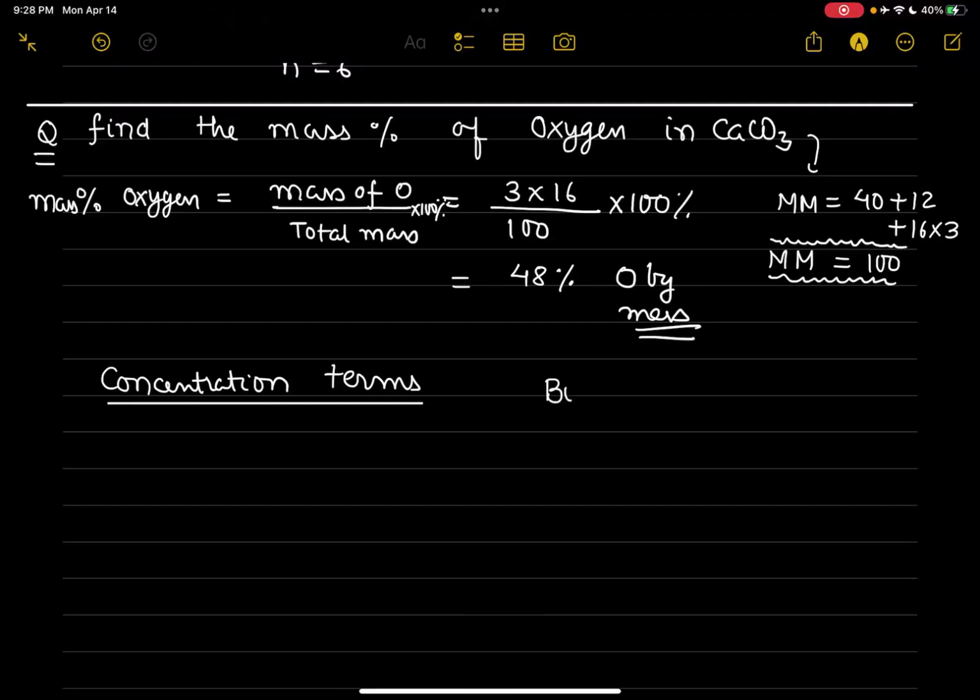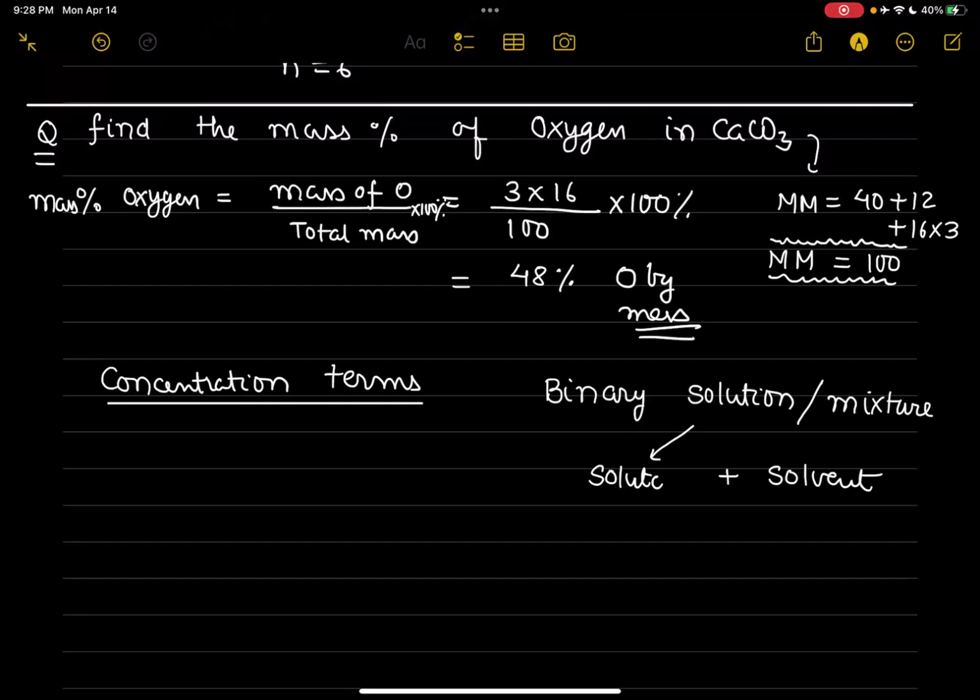What do you mean by binary solution? There are two things mixed. Binary solution or mixture: one solute mixed with the solvent. So it is basically solute and solvent. Got it?